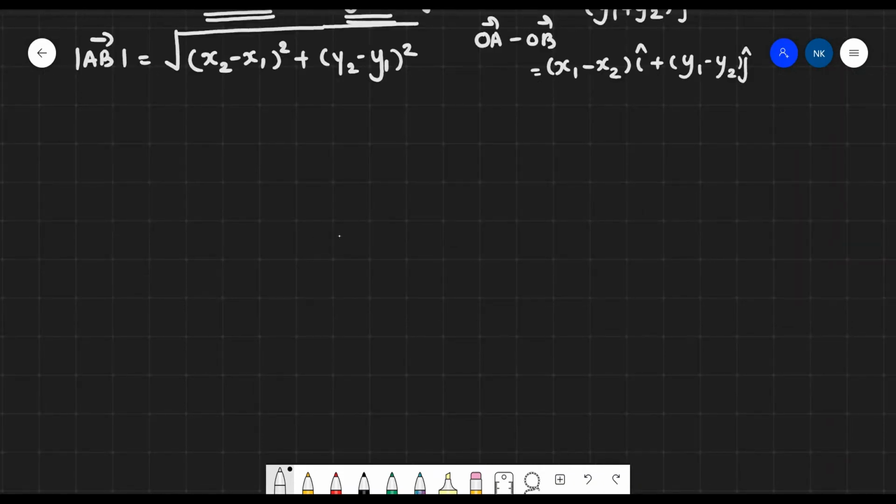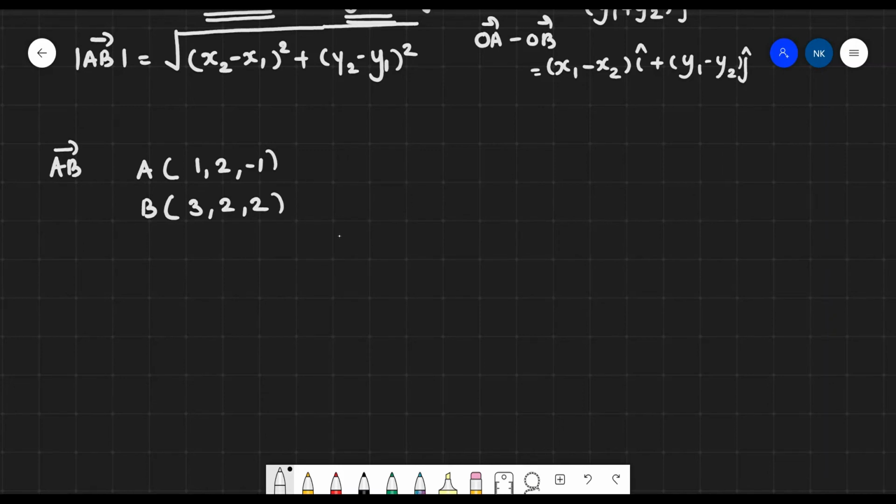Dear students, our next question is, we are having a vector AB such that the coordinates of A are 1, 2, minus 1, and the coordinates of B are given as 3, 2, 2.